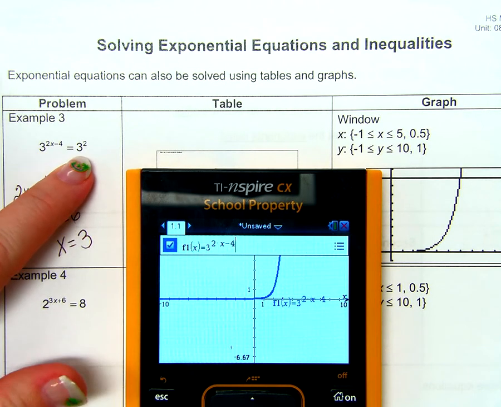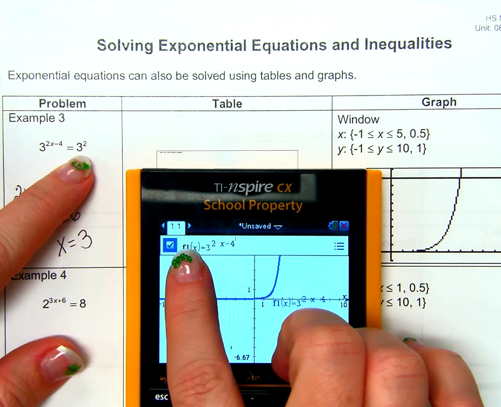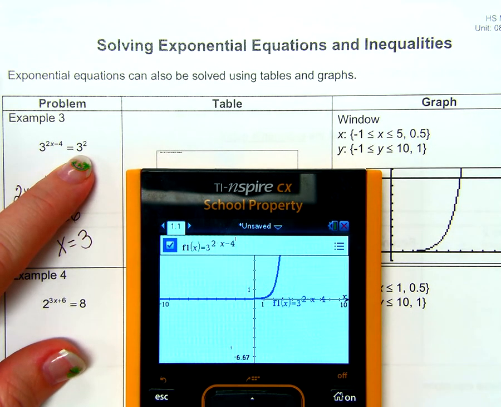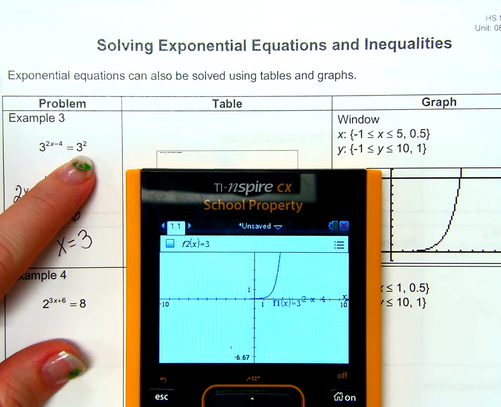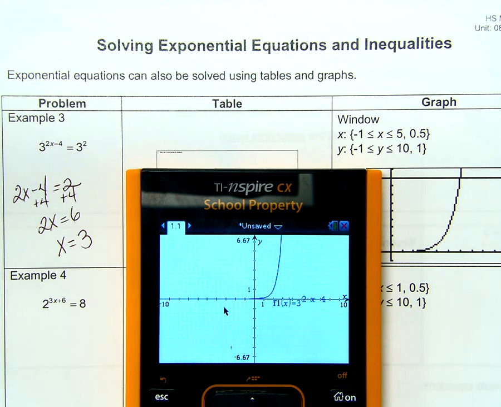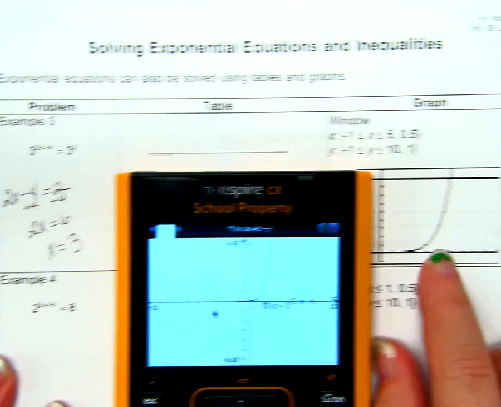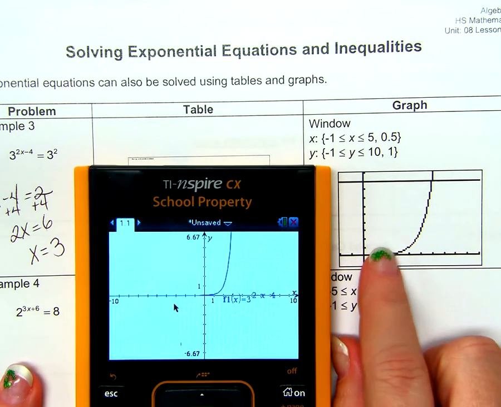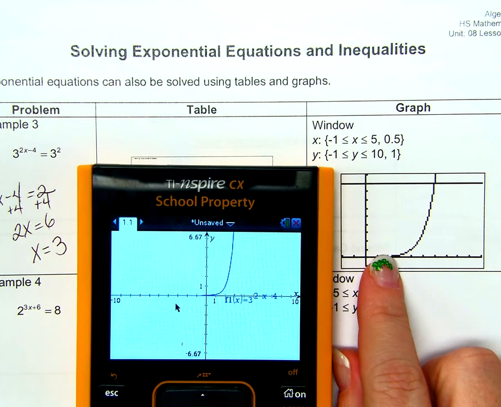What do you think I'm going to enter in f2? The other side, right? So I'm going to enter 3 squared because that's the other side. Now, just so happens they gave us a graph that it should look like, because this is a sample problem.